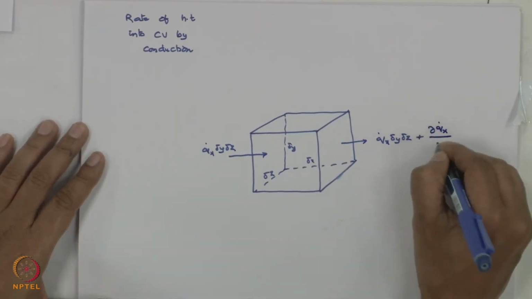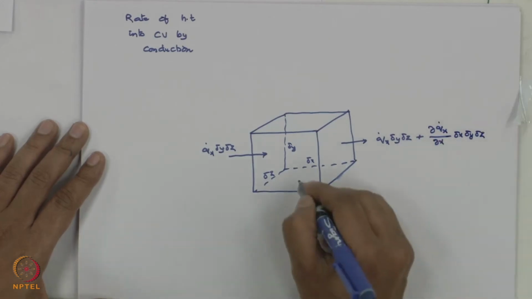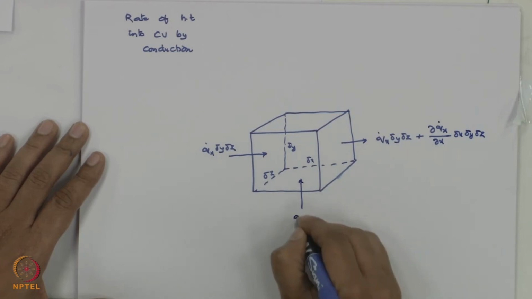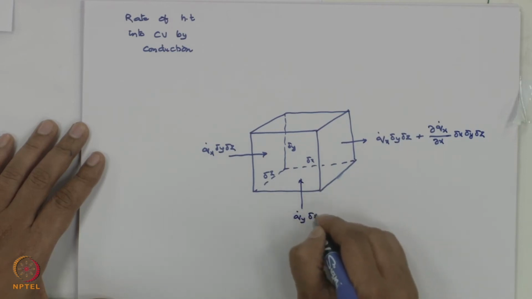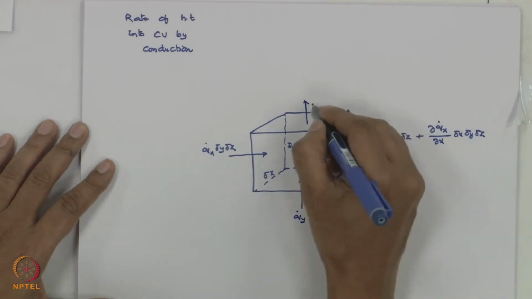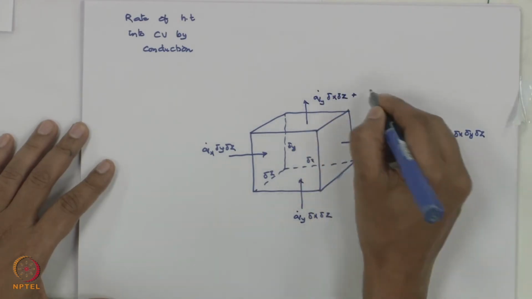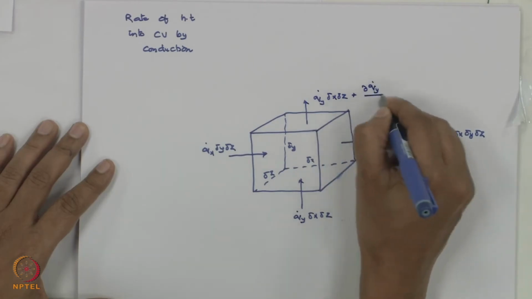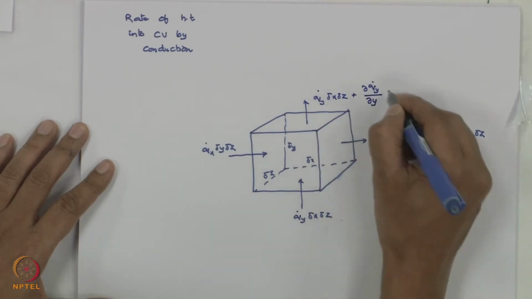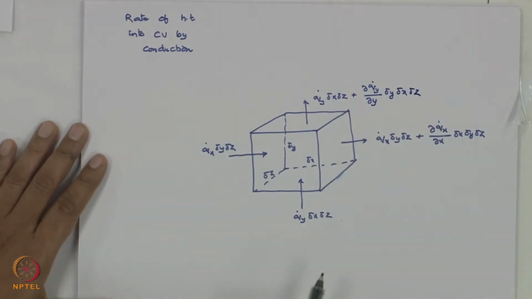In the y direction, you have q̇y Δx Δz, and what is getting out is q̇y Δx Δz plus ∂q̇y/∂y Δy Δx Δz. Okay.